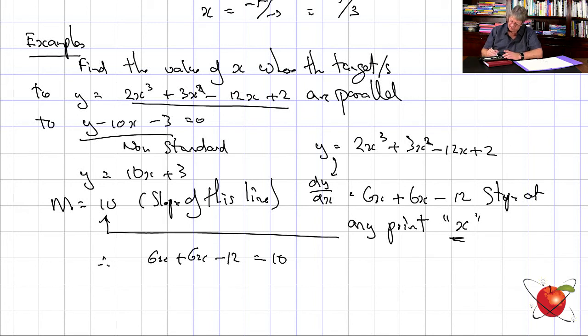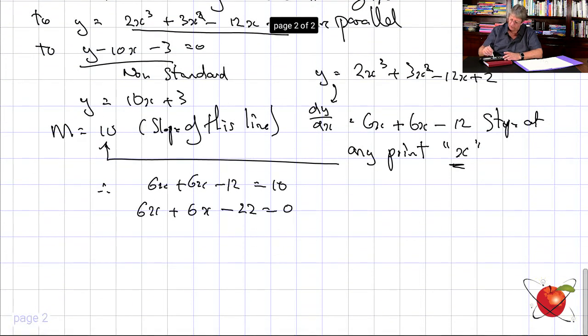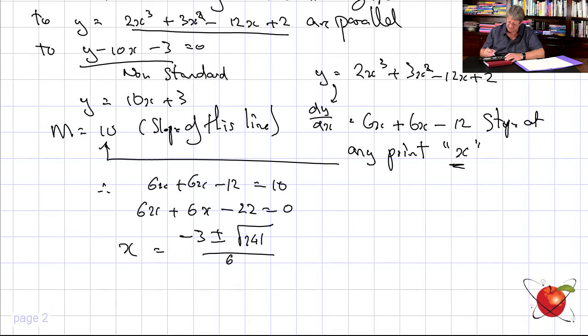Correct? I take that over and I say 6x squared plus 6x minus 22 must be equal to 0. It's a straightforward quadratic equation. Use a calculator or the formula, whichever method suits you, and you'll find that the roots are going to be minus 3 plus or minus the square root of 141, all over 6.